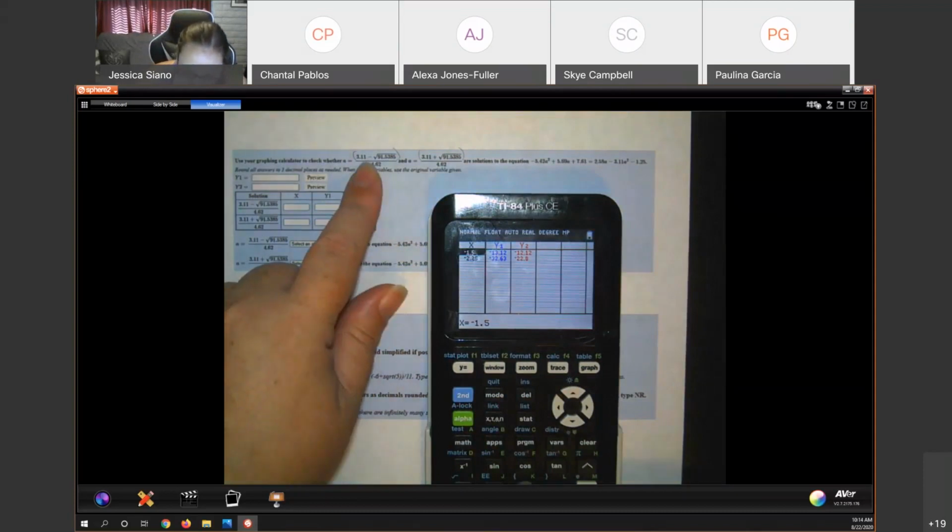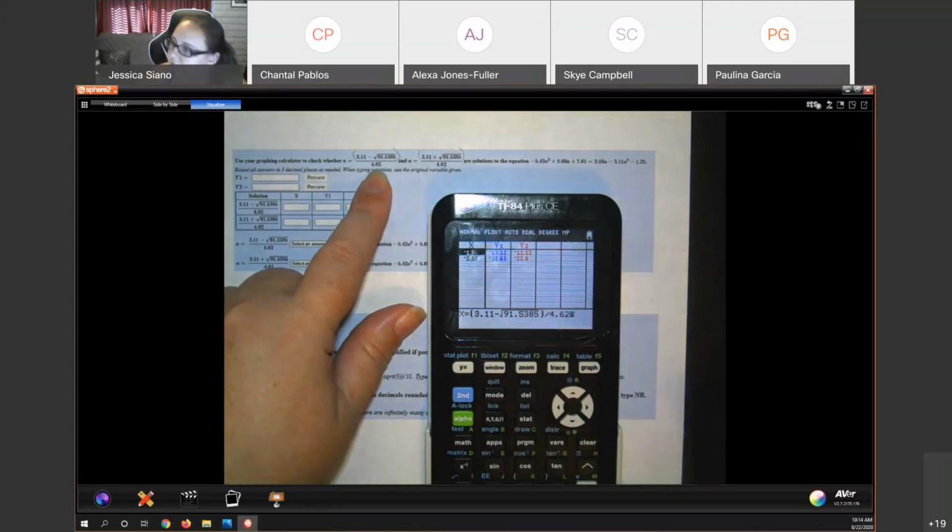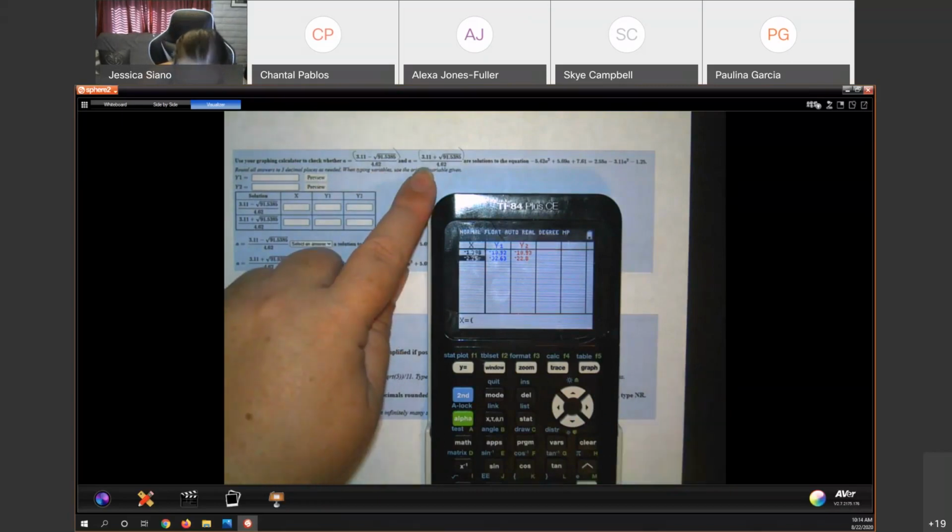So we're going to do parentheses 3.11 minus the square root of 91.5385, and then close parentheses, divided by 4.62, enter, and then parentheses 3.11 plus the square root of 91.5385, close parentheses, divided by 4.62.